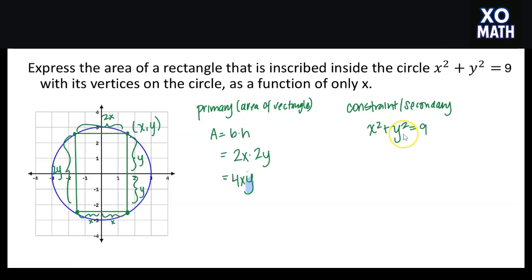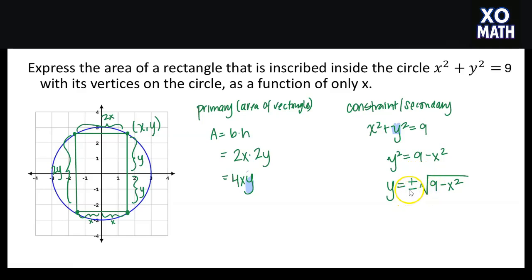And I want to solve the constraint for y. So I'm going to subtract the x squared to the other side. So I'm going to have y squared is equal to 9 minus x squared. And then y is equal to plus or minus the square root of 9 minus x squared.